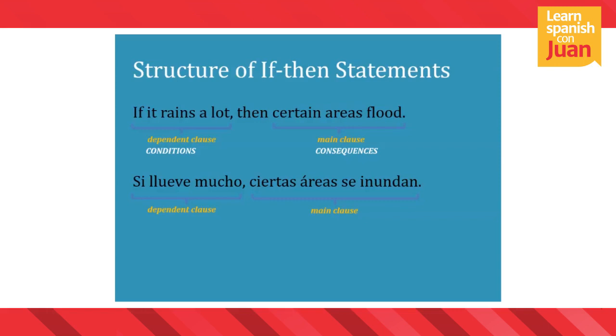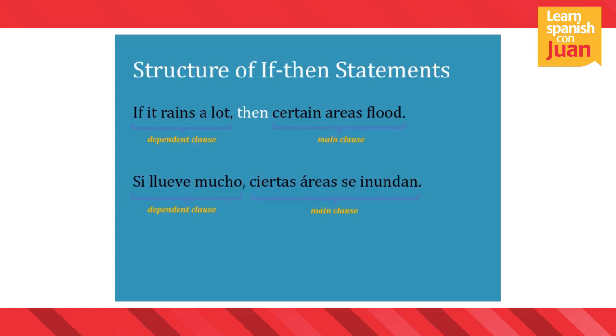Okay? So the main clause expresses what happens, what would happen, or what would have happened if these conditions were to occur, or had occurred. Another thing to point out about if-then statements, both in English and Spanish, is that the word that introduces the main clause, in this case, then, if it rains a lot, then certain areas flood, or its Spanish equivalent, something such as entonces, right?